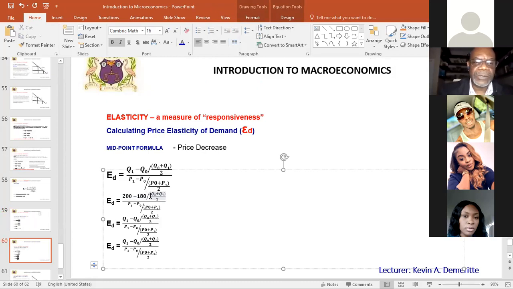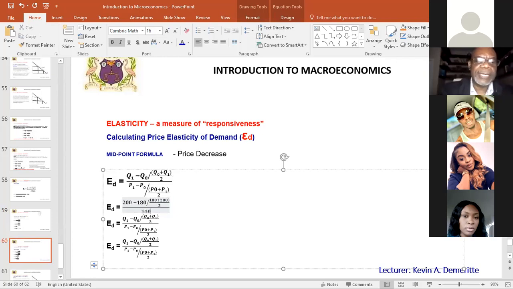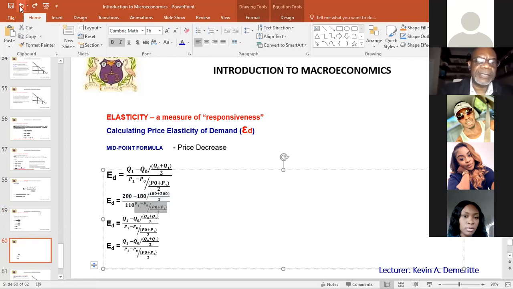So we end up with now 180 plus 200 divided by 2. Okay, so what is the new price, P1? 110. And our old price would have been 125.